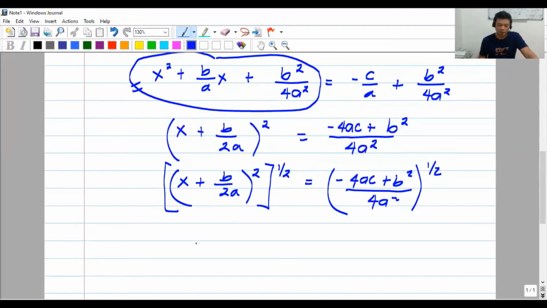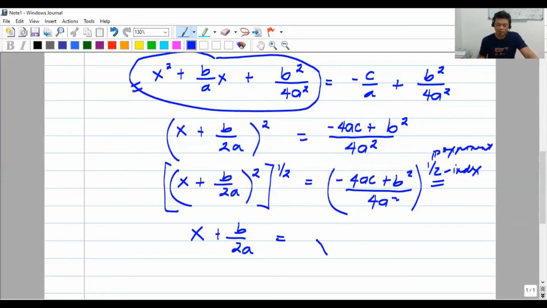And therefore, we have the final answer here, or the simplest form, x plus b over 2a is equal to, our exponent here is 1/2, and it is a rational exponent. And this exponent can be transformed into a radical form. Okay, so this is our index, and this is our exponent in our radicand.